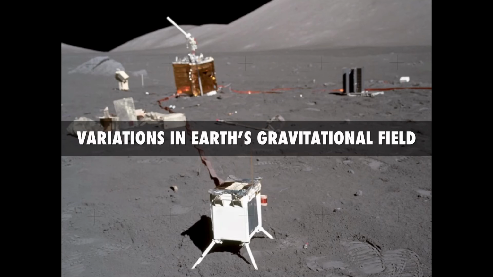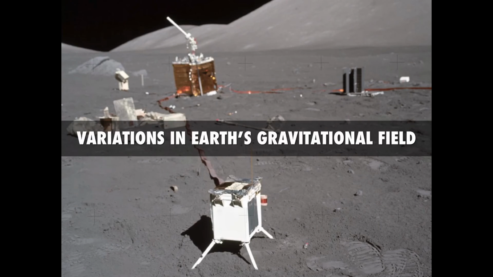Altitude also matters. As you climb above sea level, your distance from Earth's center increases, and the field strength decreases. Tiny local variations in the field strength are also caused by geologic formations. On top of dense bedrock, g is a little greater than above less dense rock.